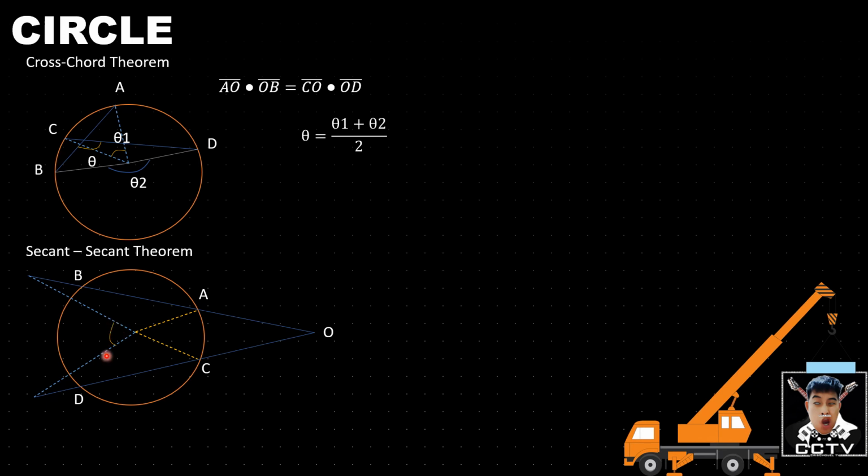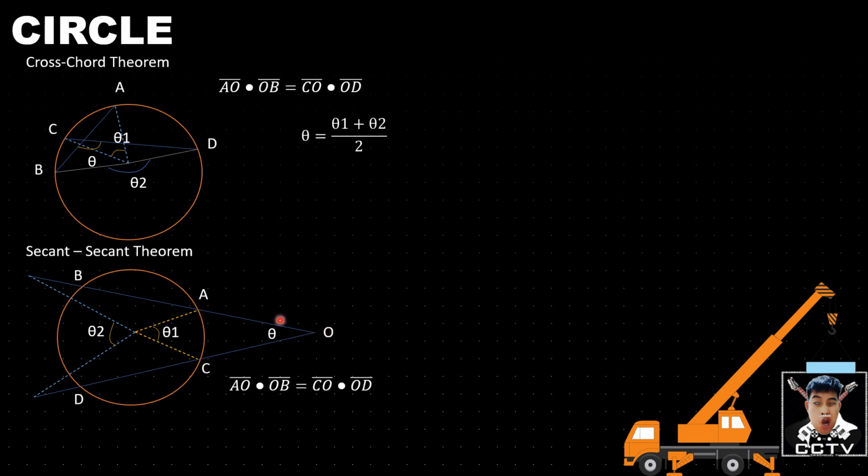At yung theta dito, nung one end. Yung theta rin dito. Theta 2, theta 1, and theta. Ito, intersection ng dalawang secant. Basically, the same lang din siya. A to O, O to B, and C to D, C to O, and this one pala.